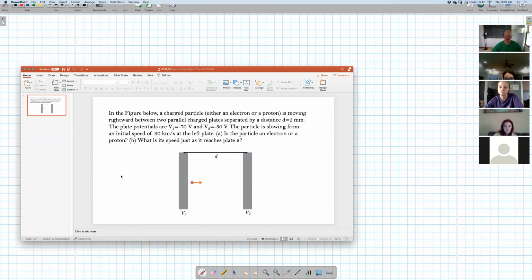So if I have a whole bunch of point charges, so let's say this is Q1, this is Q2, this is Q3, this is Q4, and I want to know what is the potential at this point. Let's call that point P. Then the total potential at point P is going to be equal to the sum over all of these different potentials.